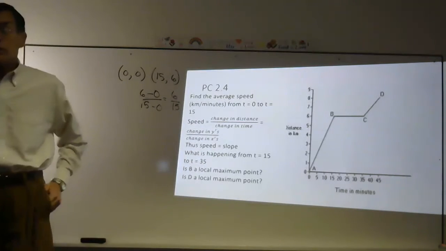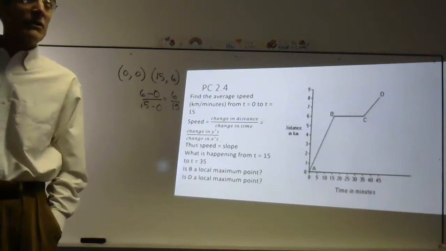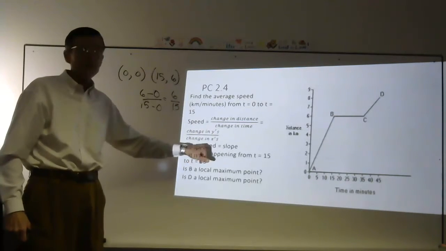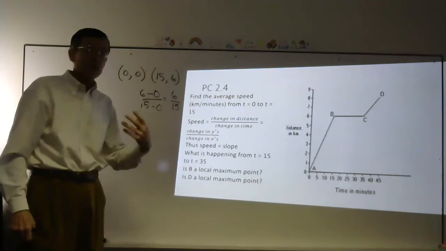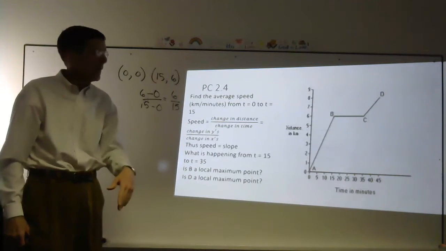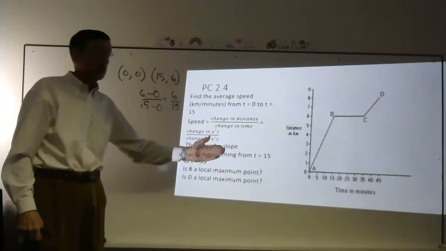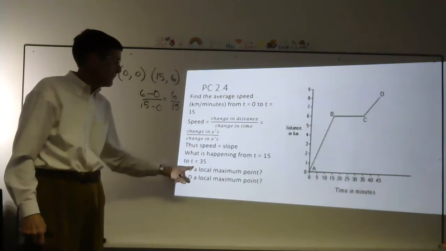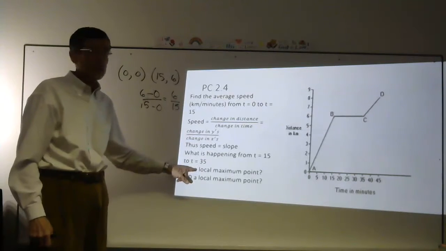Speed is slope. Those of you going on to the calculus will be really working with that quite a bit, that the speed, the velocity of something, whether you're throwing an object up, throwing it down, the speed is the slope.